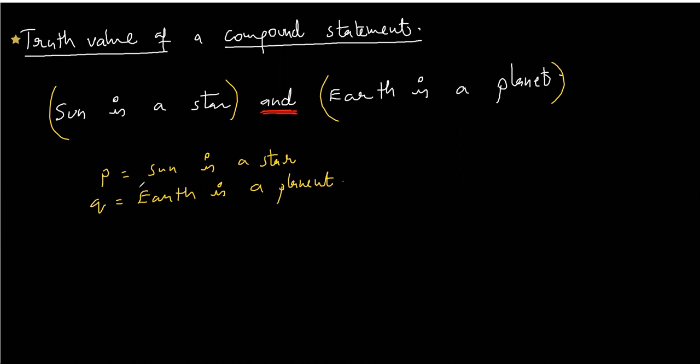Now students, if individually I ask you what is the truth value of P, you will say P is true. Its truth value is T. Then if I ask you what is the truth value of the statement Q, earth is a planet, you will say Q is also true.